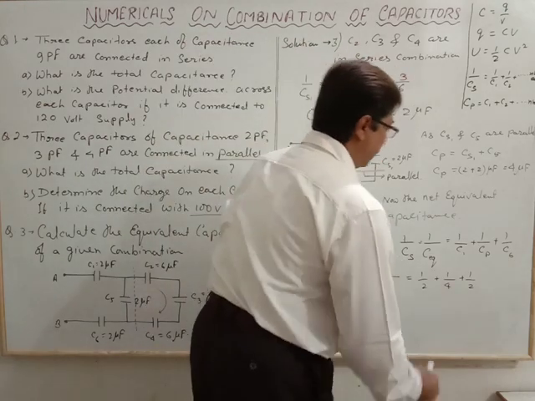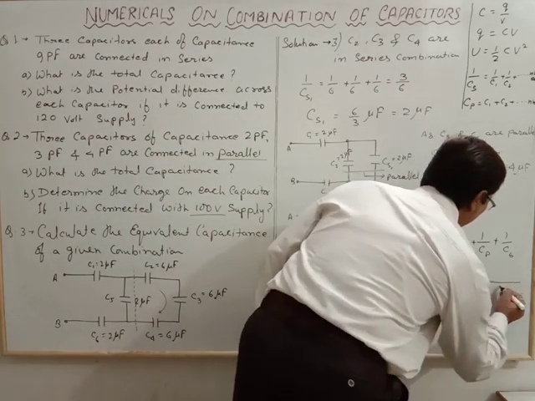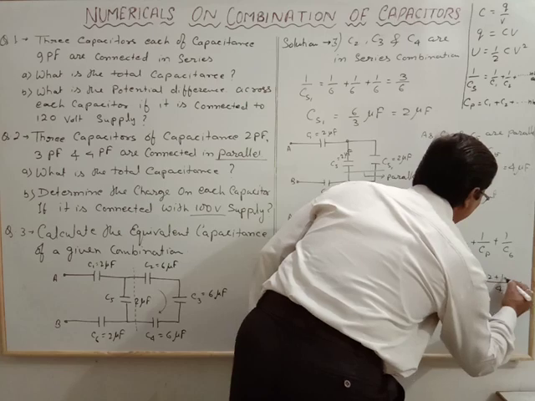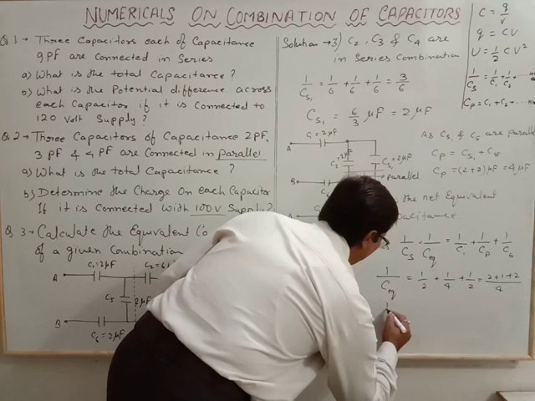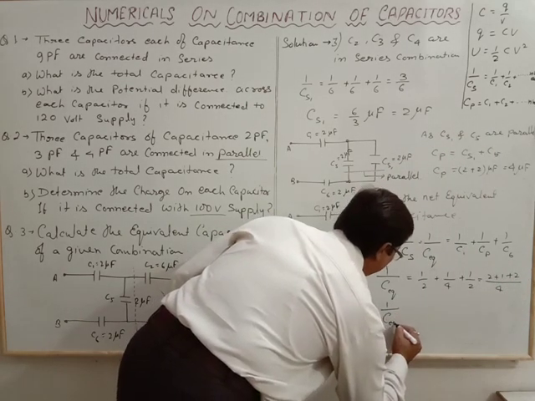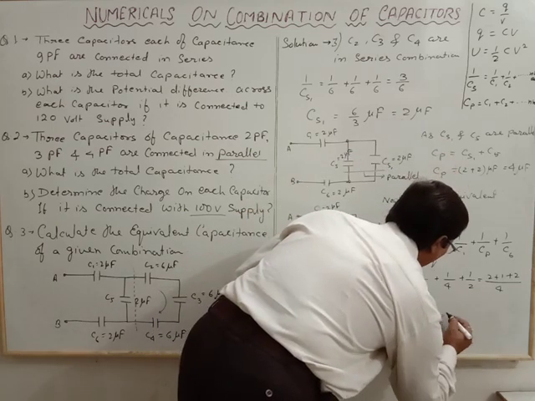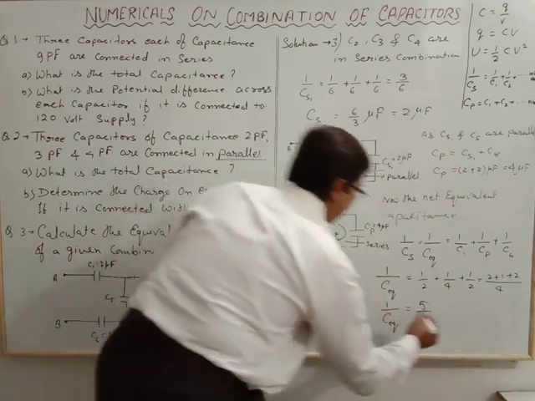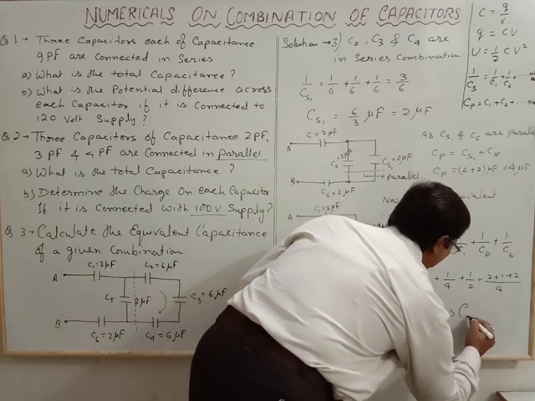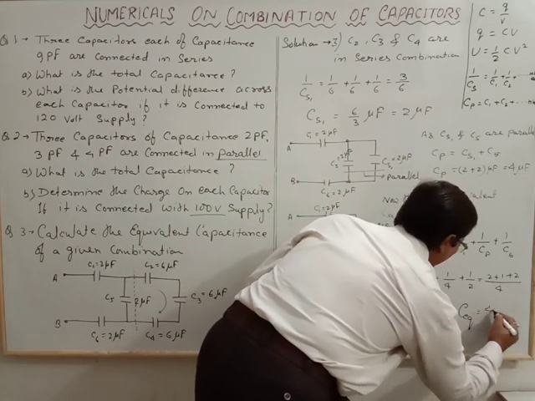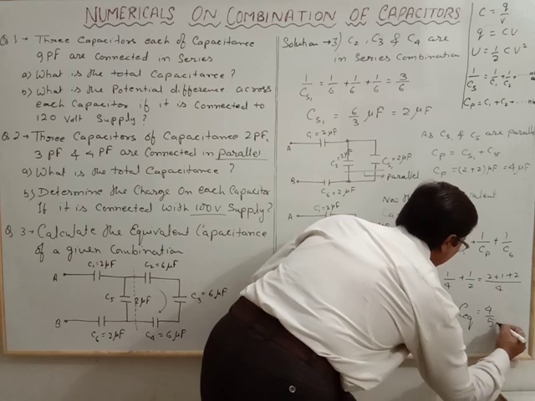So all together, 2 plus 1 plus 2 over 4. That is 1 by C equivalent is equal to 5 by 4, which implies C equivalent is equal to 4 by 5 microfarad.